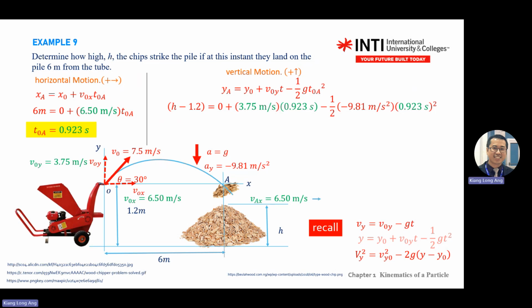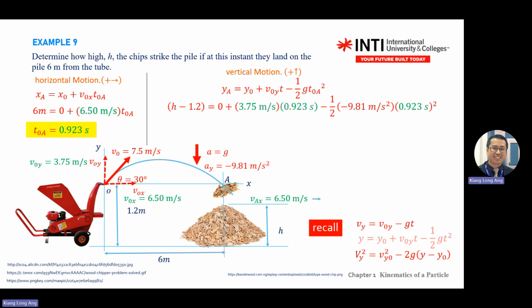From the trigonometry equation, substitute value there. Time you already have, right? Time you already have just now from the left-hand side of your answer sheet. Right? Then half G is minus 9.81.